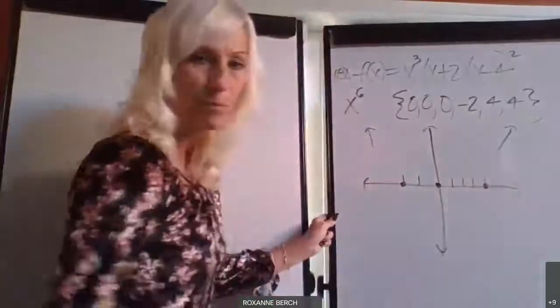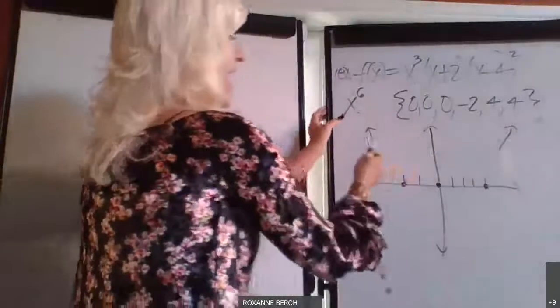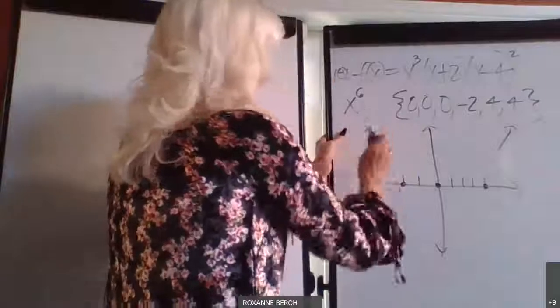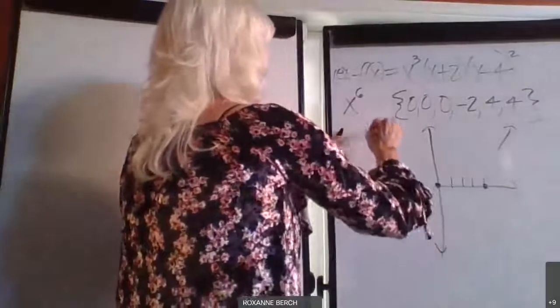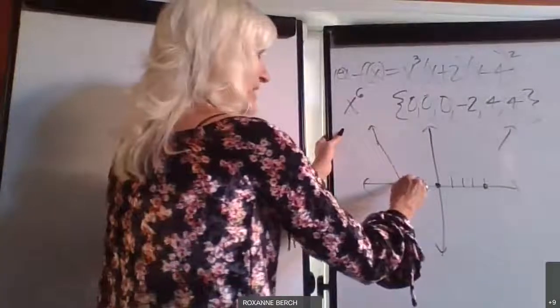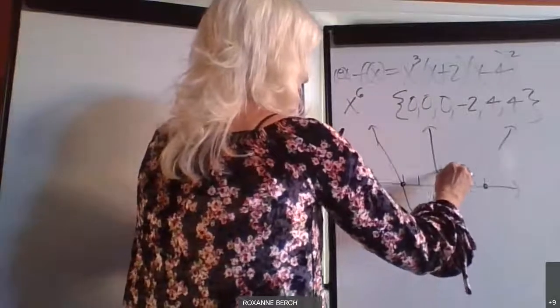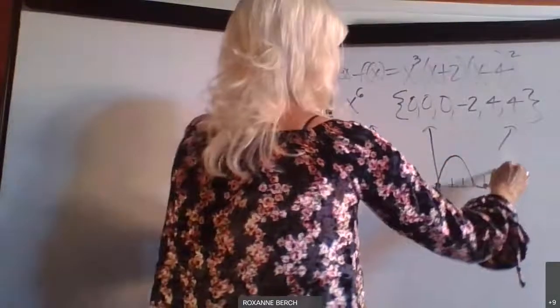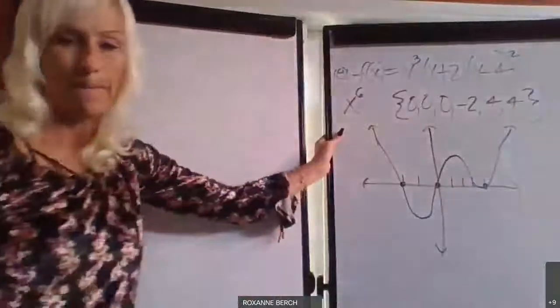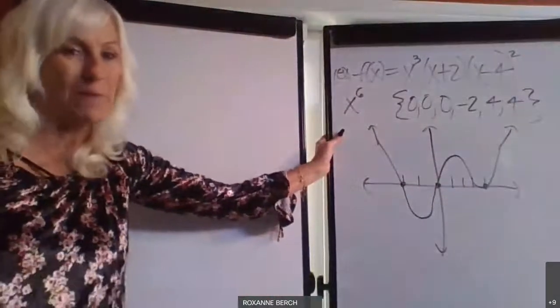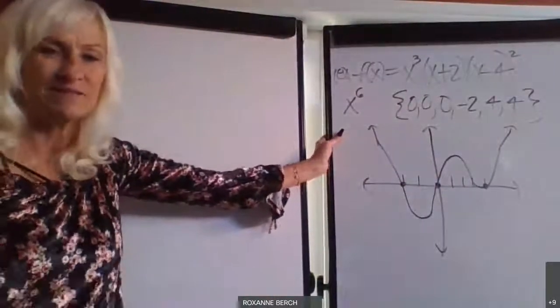Okay, check this out. At negative 2, it's going to cross because it's odd multiplicity. At 0, it's going to cross. And at 4, it's going to touch and turn. So there's your W. It's a weird W, but it's a W nonetheless.